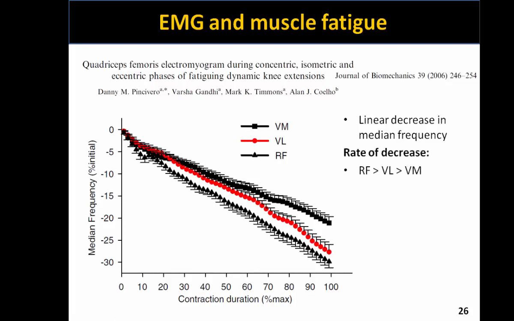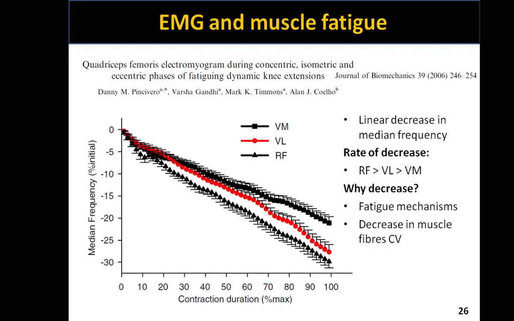The rate of the decrease was seen to be greatest for the rectus femoris, less so for the VL, and less so for the vastus medialis. And as we saw with the concentric phase, fatigue mechanisms will explain this drift towards a lower frequency.